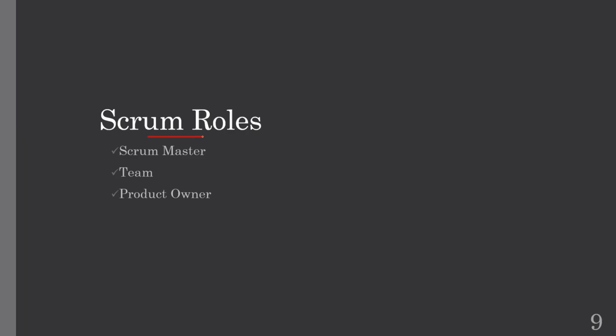The Scrum roles. We have three major roles in our Scrum model. First is the Scrum Master, then we have the team, then we have the product owner, or you can say a stakeholder or a customer. So we will learn the specification for each role in our coming slides.